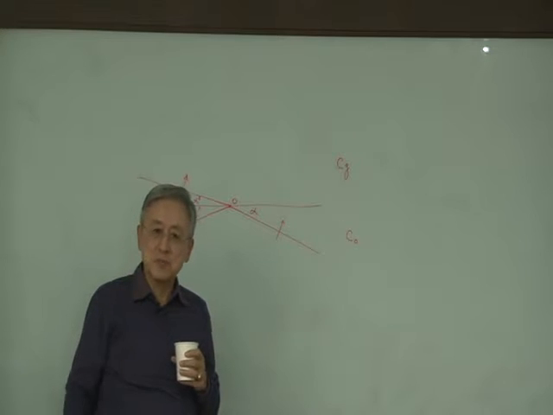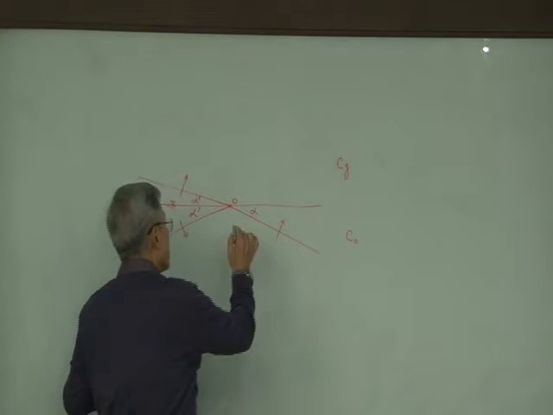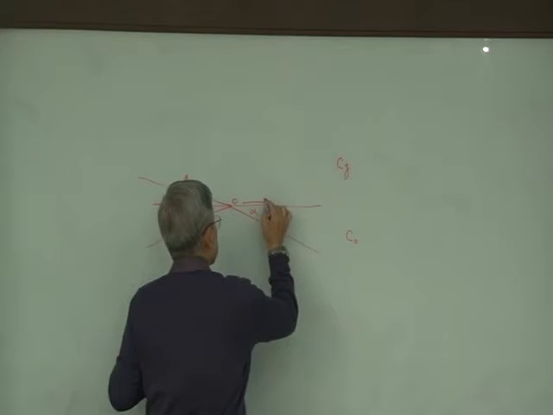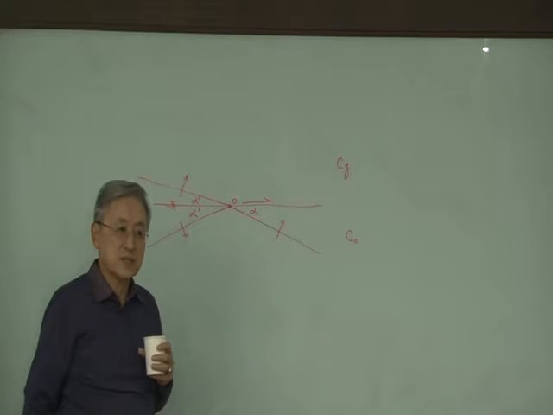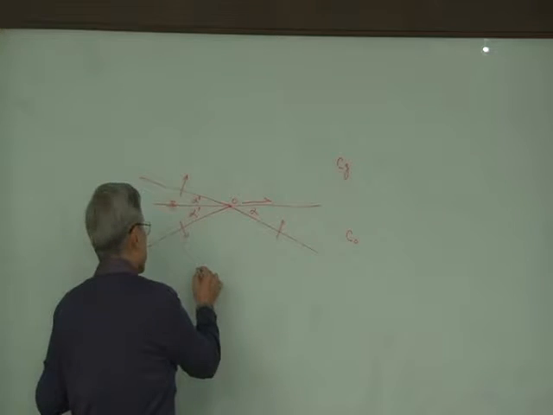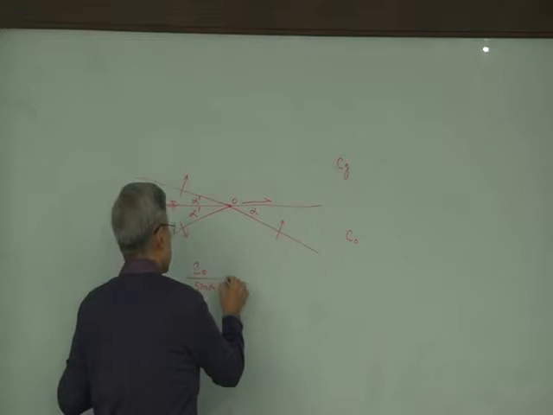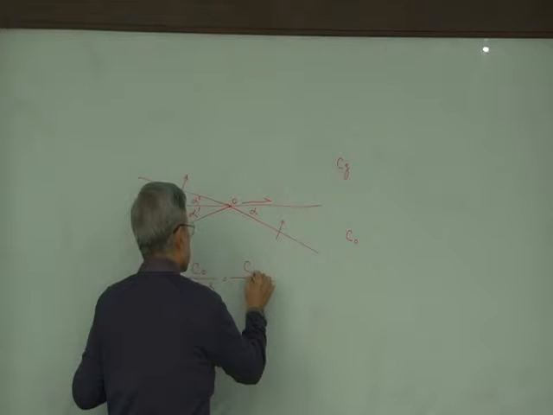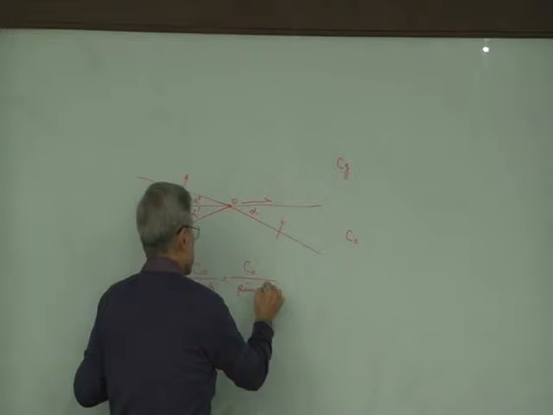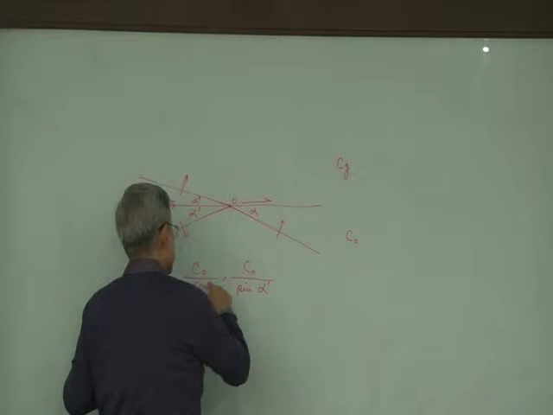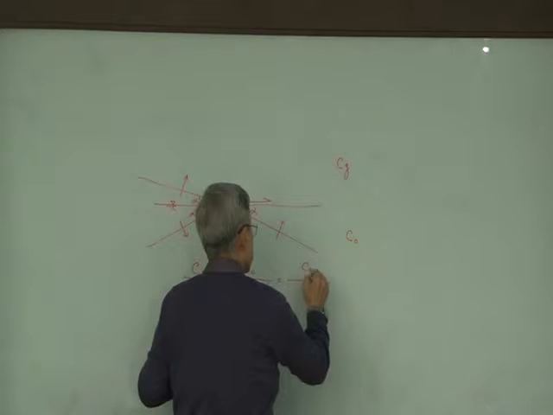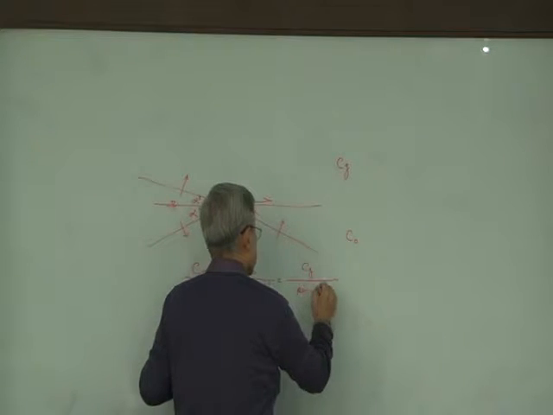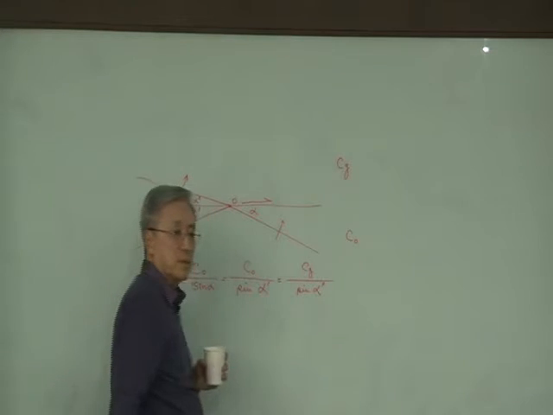Snell's law derivation is based on defining the surface velocity. So when you do that, what we have is C naught over sine alpha is equal to C naught over sine alpha prime, and this is alpha, which is equal to CG over sine alpha double prime.